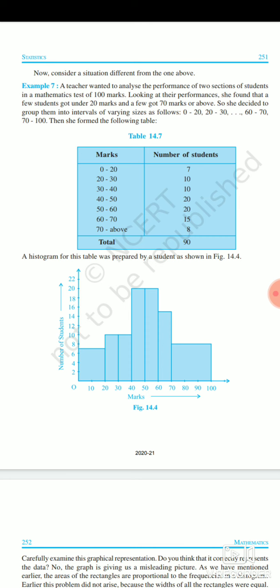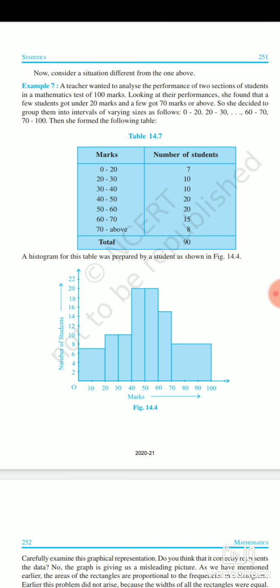So what is your observation? The first rectangle is 0 to 20, the remaining are 10, 10, 10, 10, and the last one, 70 to 100, is 30. So one is 20, another is 10, and the last one is 30.